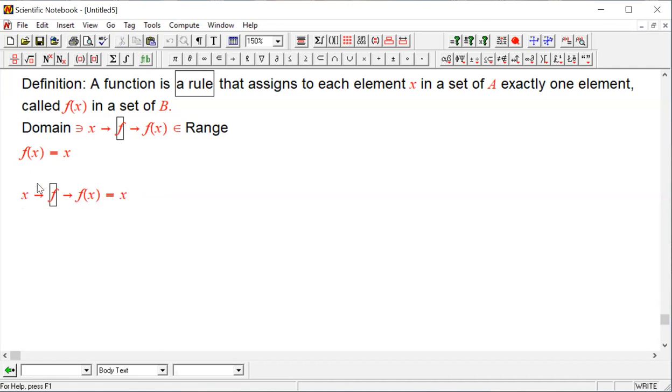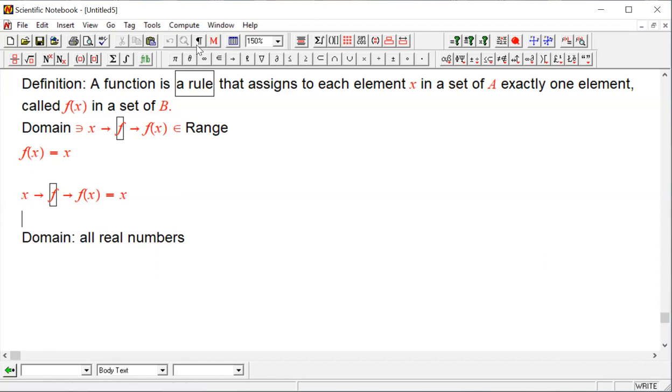So what are the numbers that will qualify for input? That's right, you got it. The domain will be all real numbers. Why? Because for each real number, you can just keep going.